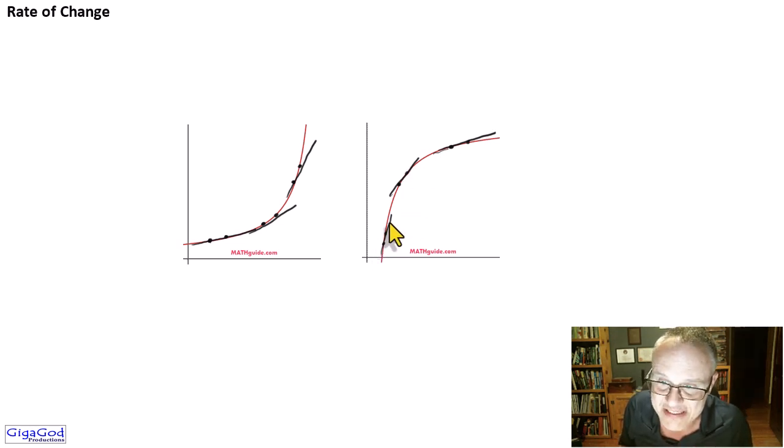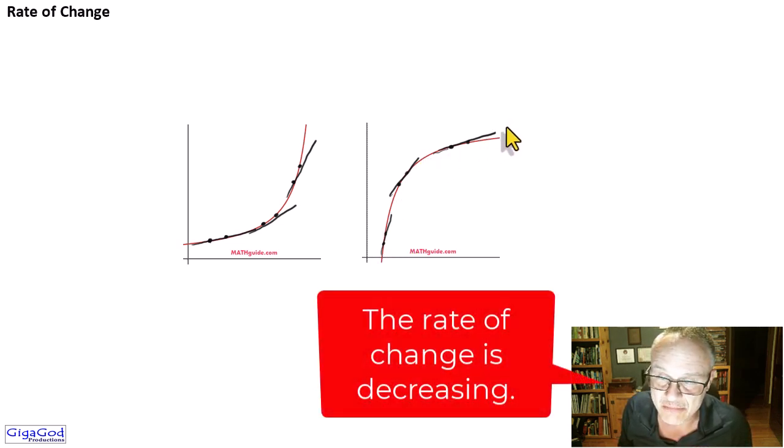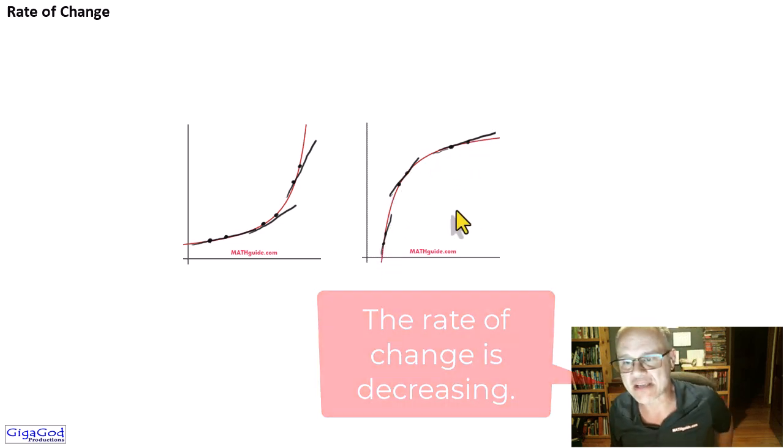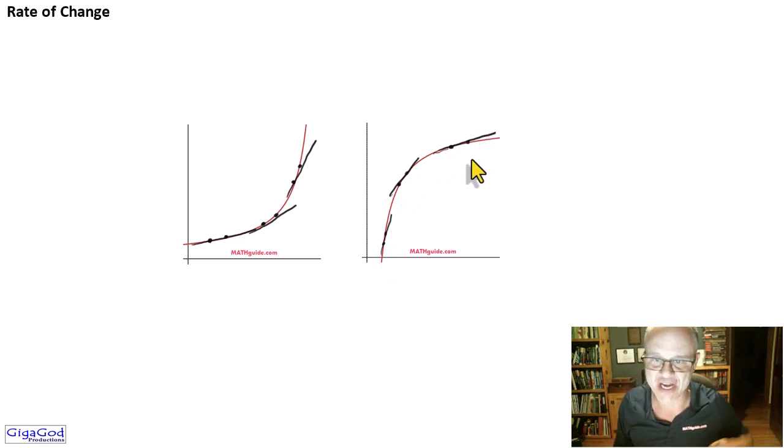So it's very steep, less steep, and this is almost flat. It's going from positive to almost a zero slope. So it may be an increasing function, but the rate of change is going down. So these slopes are not as steep. Okay, so this is a decreasing rate of change.